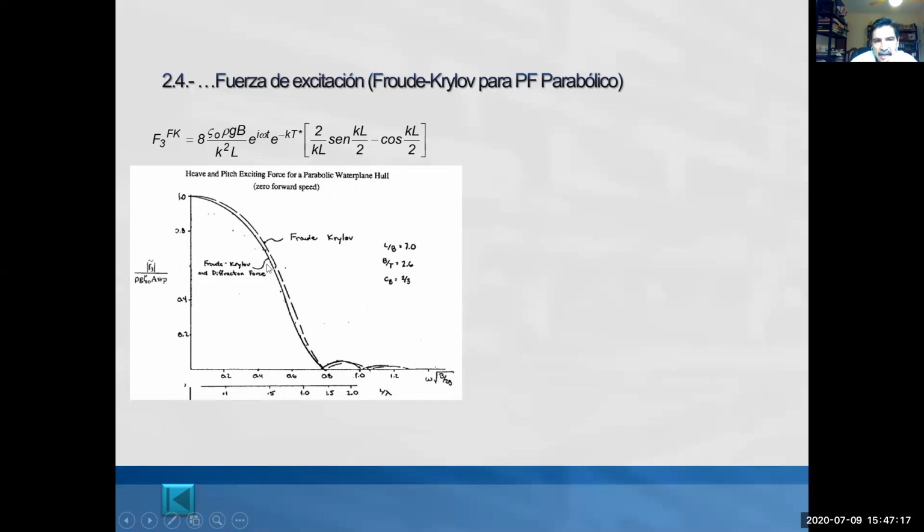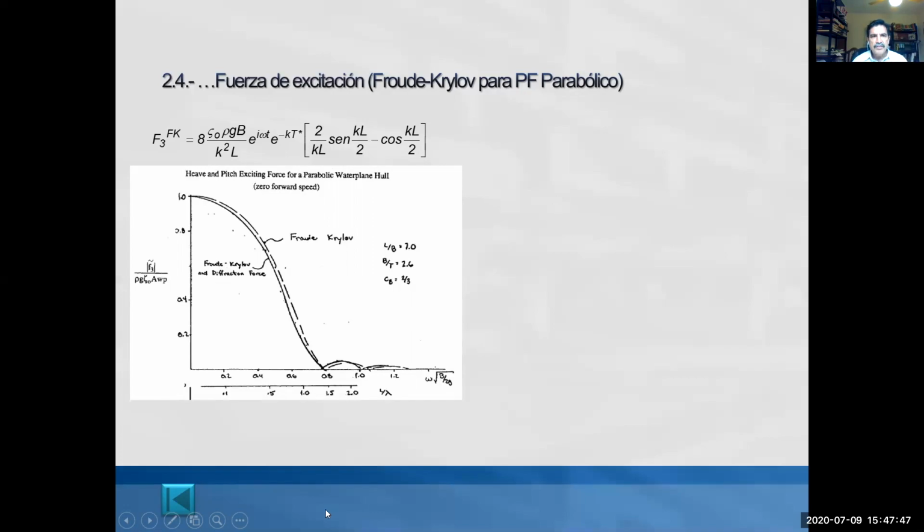What you can see here is that the difference is very small. Meaning that in this case, if you calculate the Froude-Krylov, you have a very good approximation of the total force, because the difference due to the diffraction is very small. And this thing here is taken from here.